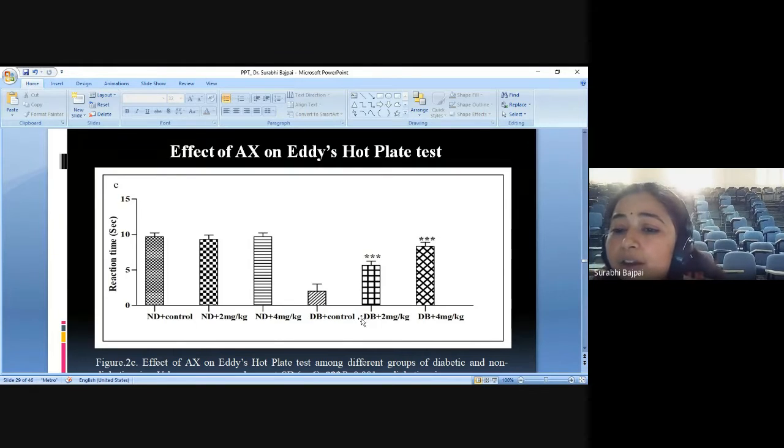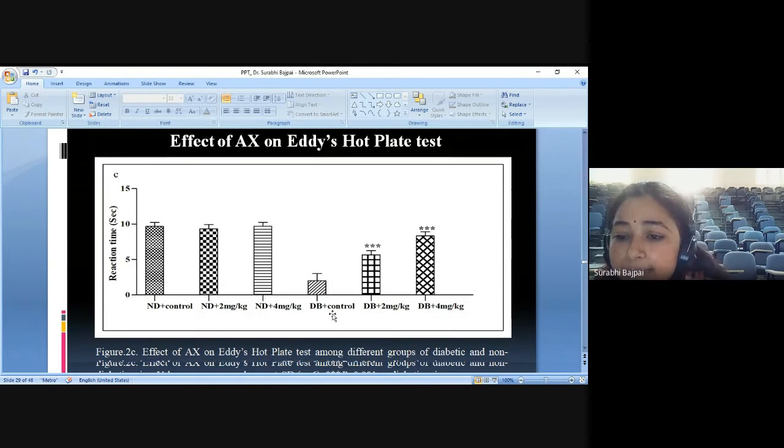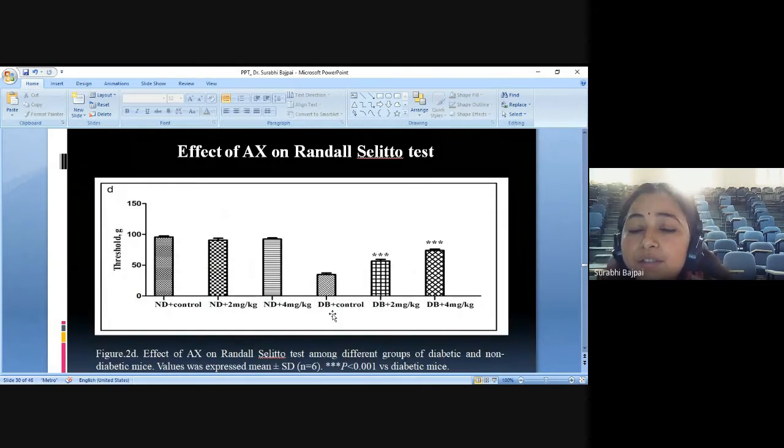As you can see in the graph, astaxanthin administration in increasing doses has resulted in betterment of sensation in terms of tail flicking, regaining function of the sensory neurons when the mice were tested on Eddy's hot plate test. So that was Eddy's hot plate test.